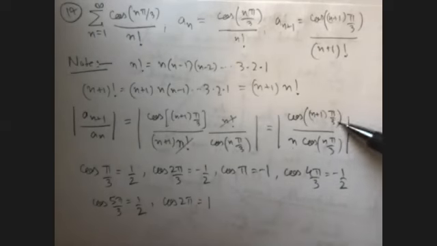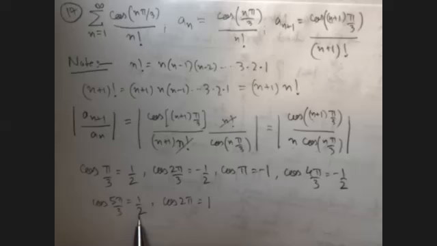So this ratio for all n's will always be the ratio of these quantities. And this can at most be, so if say n is 5, you get 2.